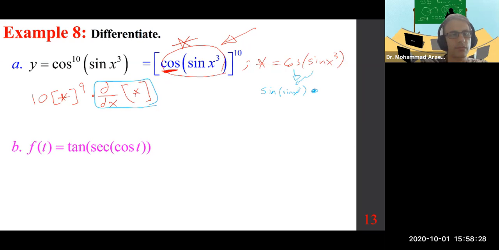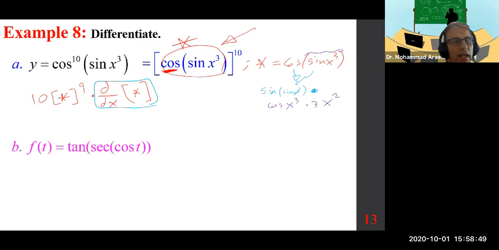Times, you need the derivative of this. What is this? Sine. So cosine. Cosine of what? x cubed. What is the derivative of x cubed? 3x squared. And now put it back.